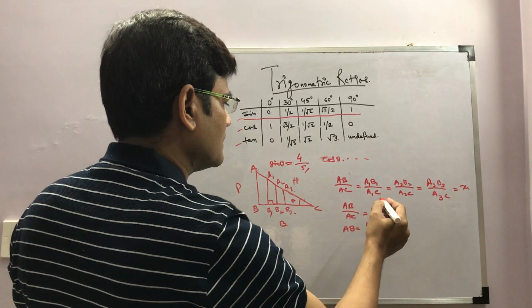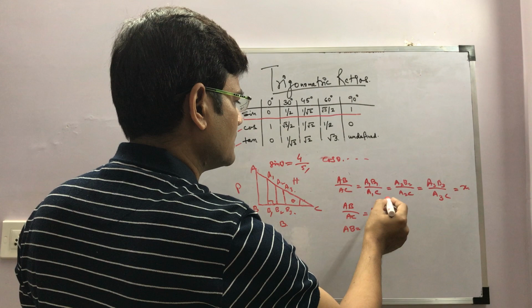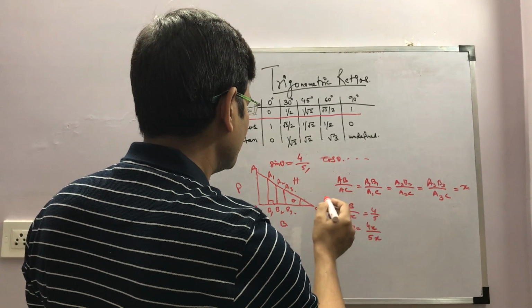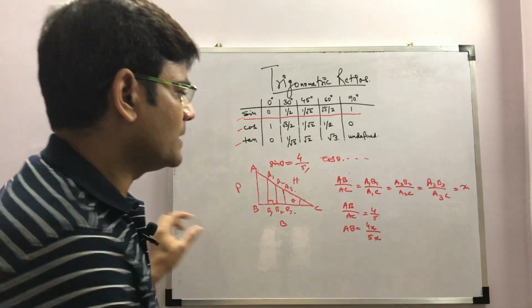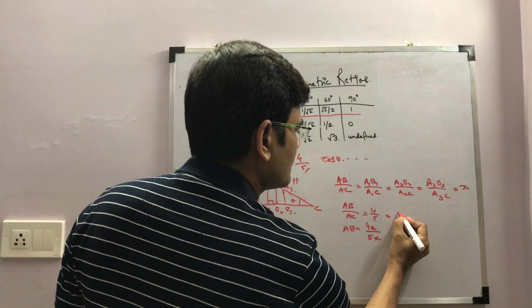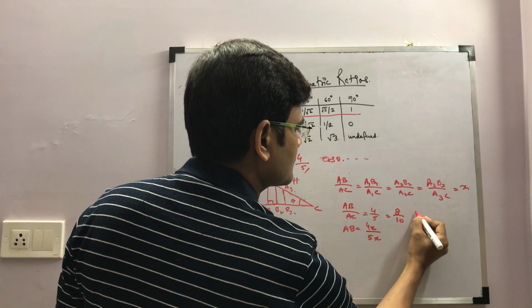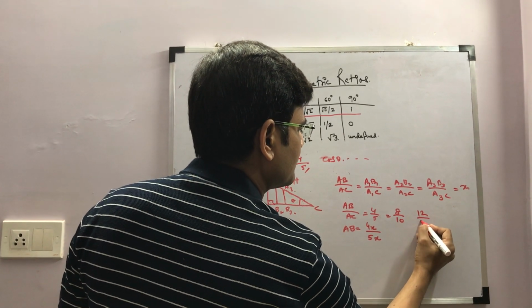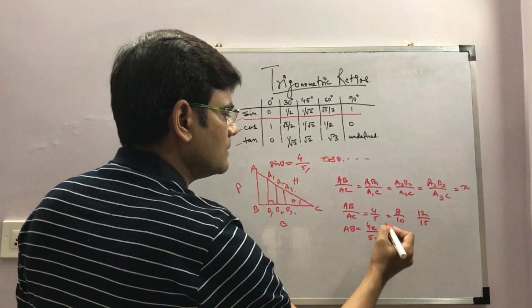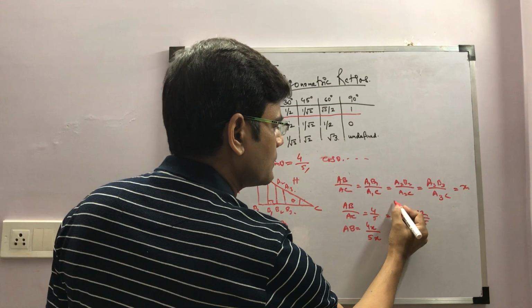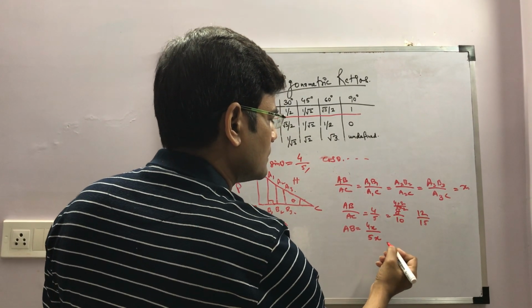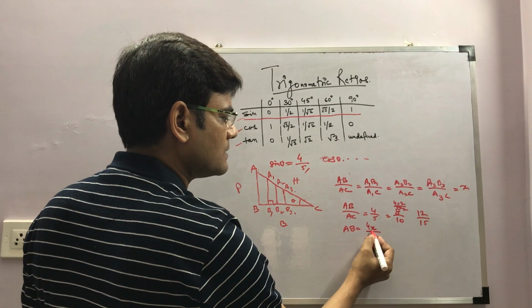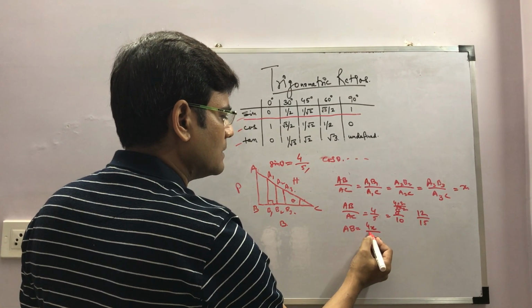See, how do I explain this? The ratio is constant, 4 by 5. 4 by 5 is also equal to 8 by 10, and also equal to 12 by 15. If it's 8 by 10, it's 4 into 2 by 5 into 2. So that is the reason I considered x as the factor.